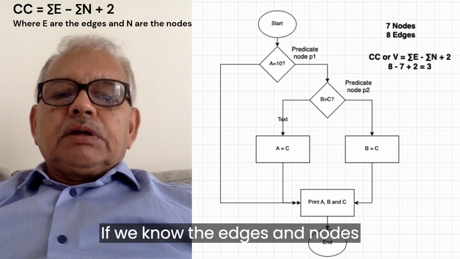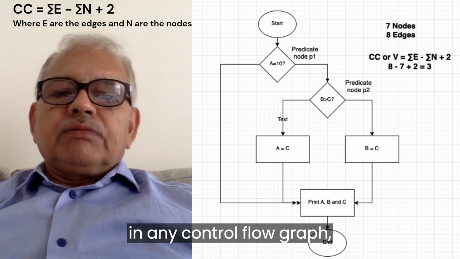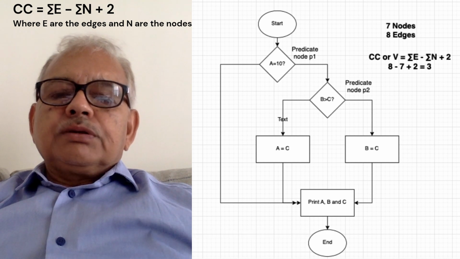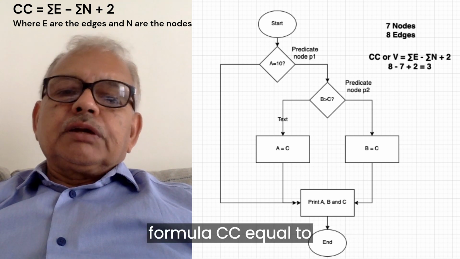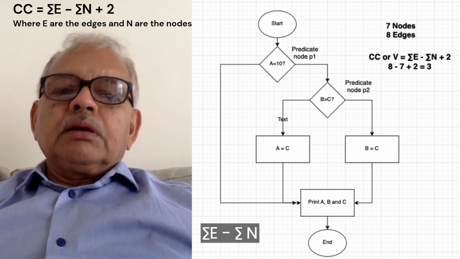If we know the edges and nodes in any control flow graph, then we can calculate the cyclomatic complexity using the formula Cc = ΣE − ΣN + 2.